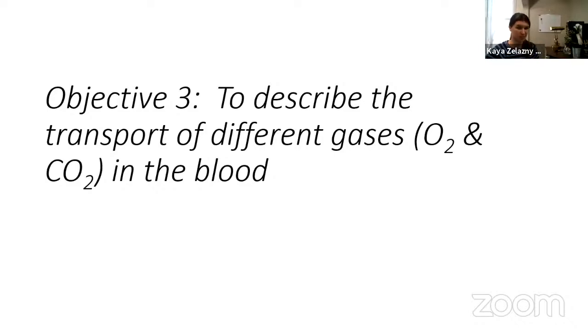And we know this is important because we're exchanging these gases at the lungs and at the respiring tissue. So we also want to know how they get from place to place. And there are some complicated factors that influence how much oxygen, how much carbon dioxide we can actually hold in our blood.